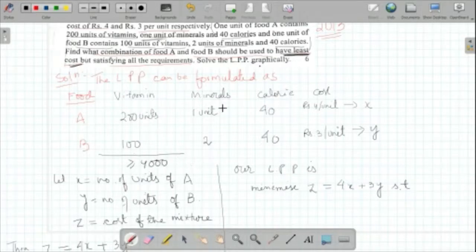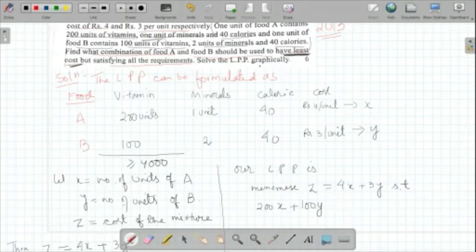Now x units of A give 200 times x vitamin, plus y units of B give 100 times y.